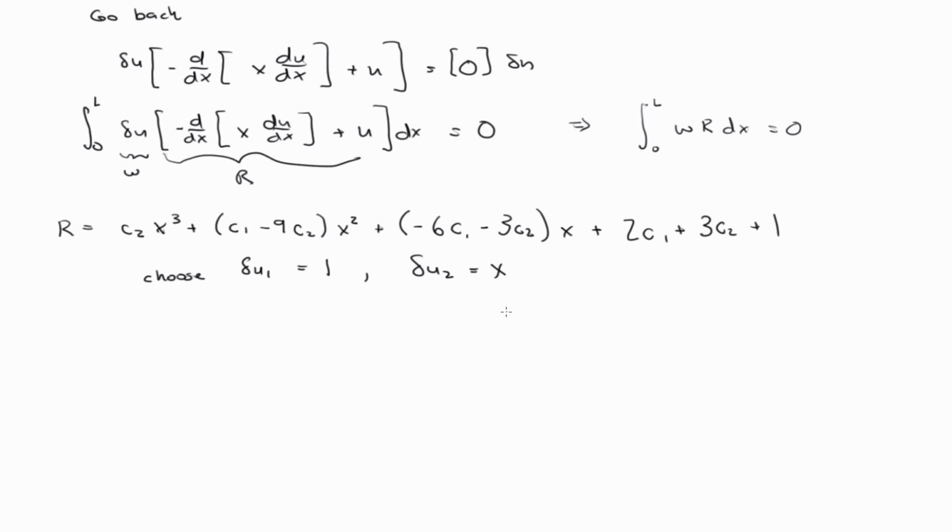Everyone agree that those are linearly independent? There's nothing I can multiply. These are not linear combinations of one another. Nothing I can add to that to get that. Or you can do it by inspection. What can I add to that to get x?